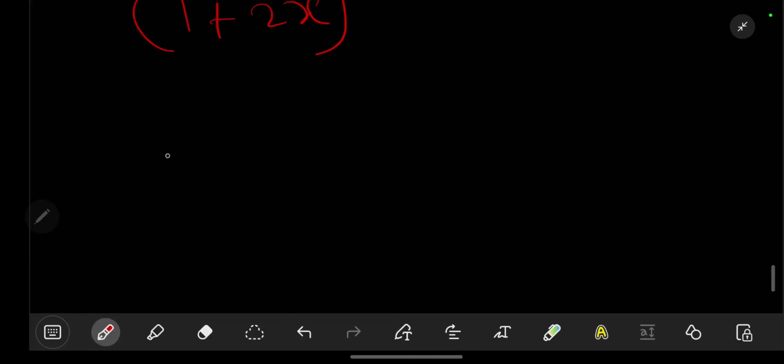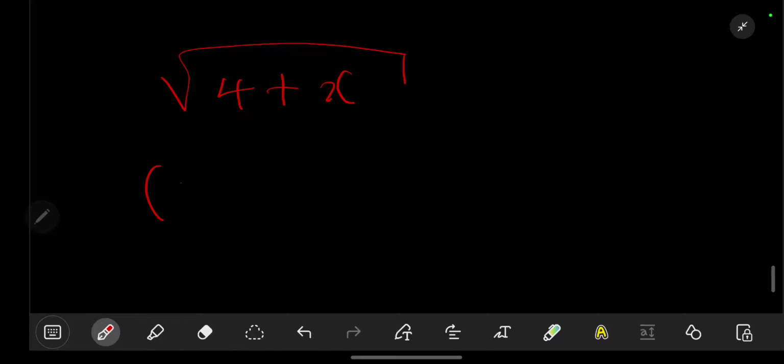So if you have your square root of your 4 plus the x, like that. So how do you expand this one? So this one is the same as 4 plus you have your x, like that. Then you are going to have the power of half, because the square root is the same as half.